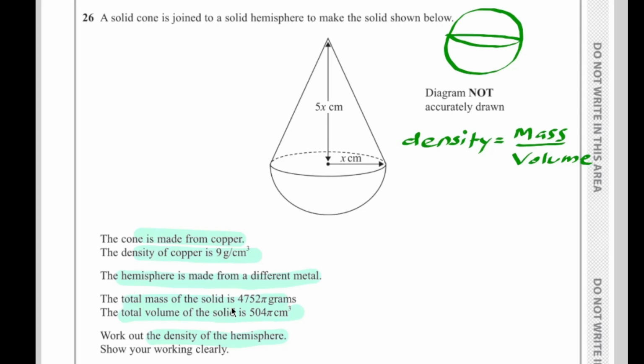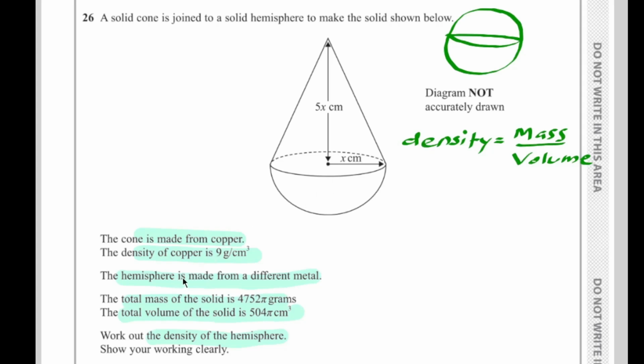The total mass of the solid is 4752 pi grams. The total volume of the solid is 504 pi cubic centimeter. So since the total mass is given, once we get the mass of the cone, if I take away the mass of the cone from the total mass, the remaining mass is the mass of the hemisphere. So I can substitute that mass here and I can get the volume, then I can get the density.